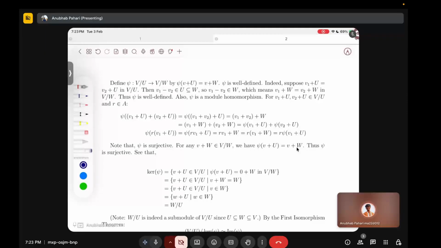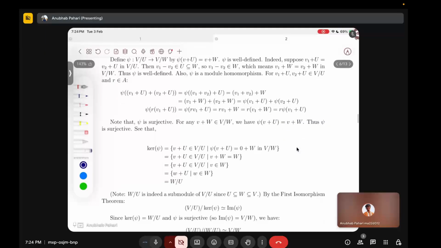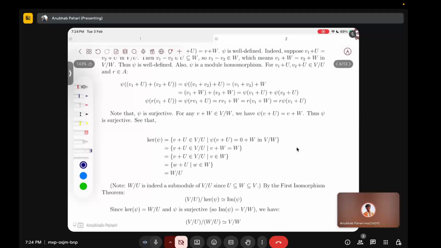One thing to prove is that psi is surjective. So for any small v plus capital W from this, you will see that if you take simply v plus capital U, this has image this, so therefore psi is surjective. The only fairly non-trivial thing to see is that the kernel is W by U. If you take small v plus capital U such that this is 0, then this will happen.